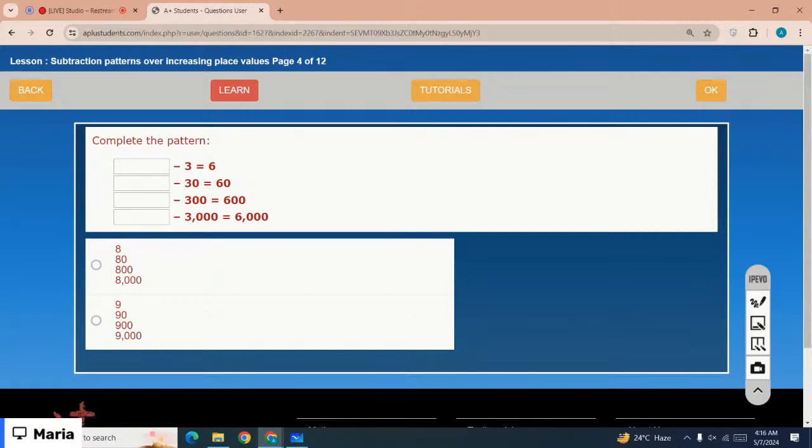The next one is complete the pattern. Which is the correct option? Which number take away 3 is 6?